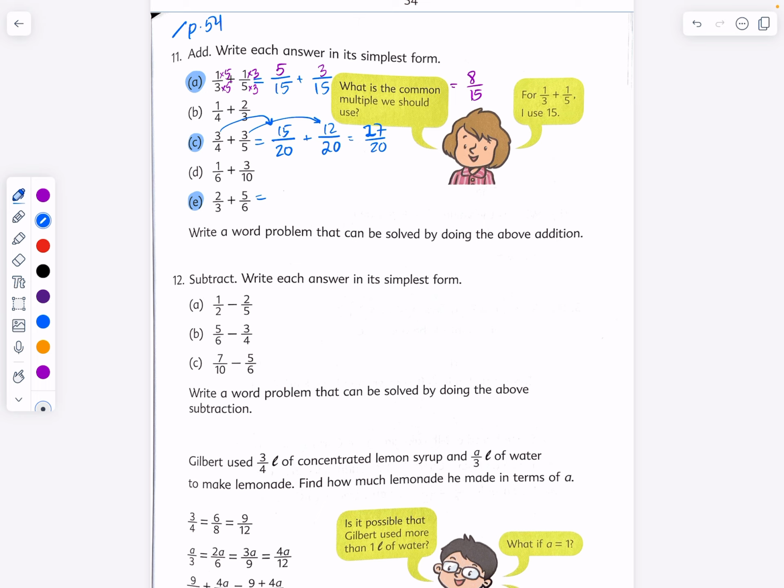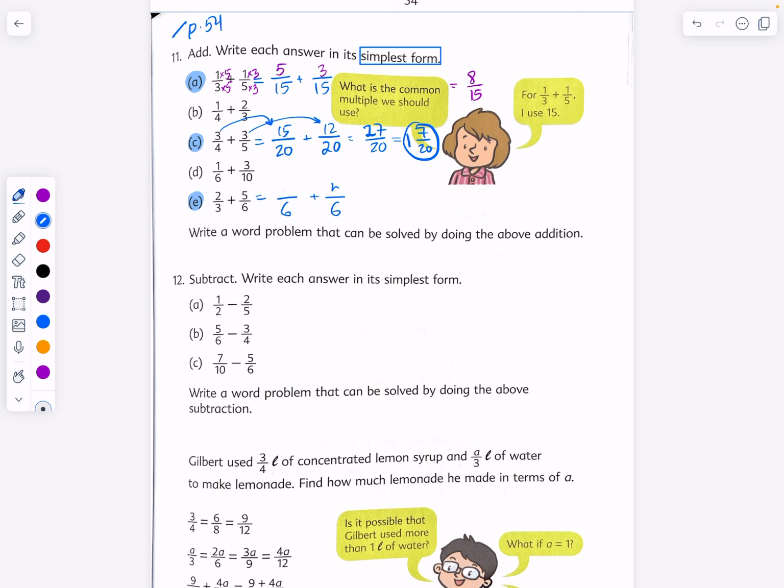Now we must demonstrate the simplest form. What is the simplest form? 27 out of 20 is 1 and 7/20. Next question E, 2/3 and 5/6. What is the LCM for 3 and 6? I hope you agree that it is simply 6.